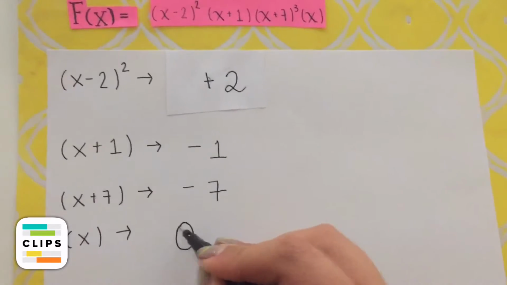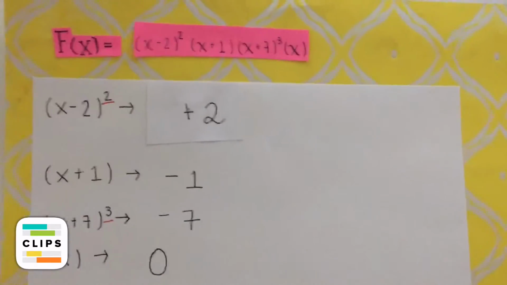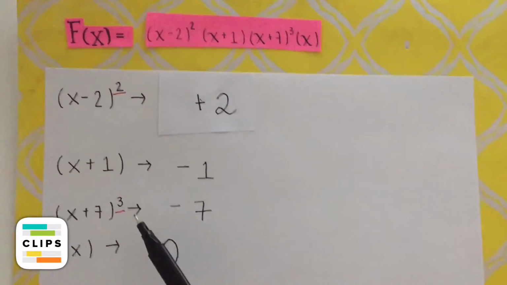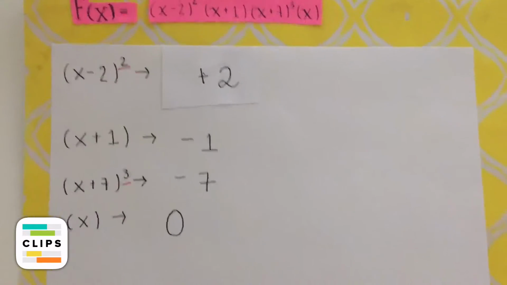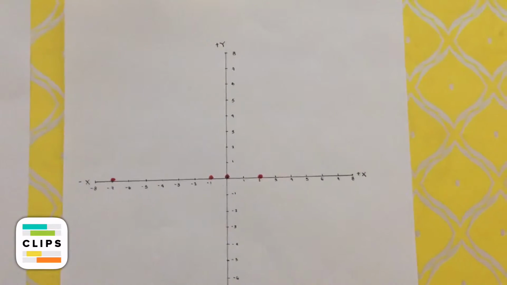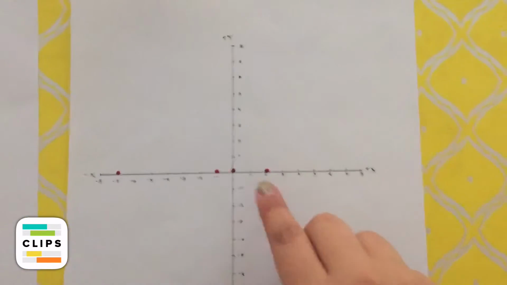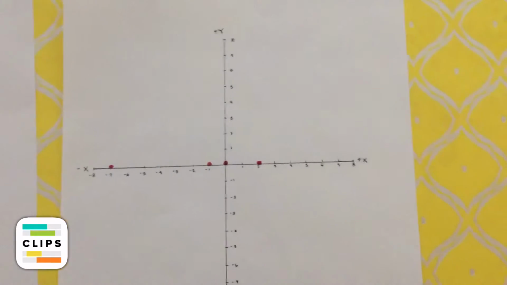Don't forget about that one. Now, what's particularly important to me is that some of them are squared, cubic, and one has no exponent. So I'm going to intercept my x-axis at negative 1, positive 2, negative 7, and also 0.